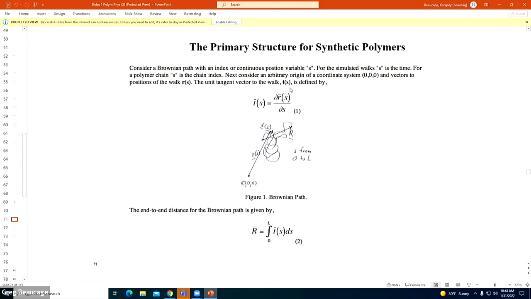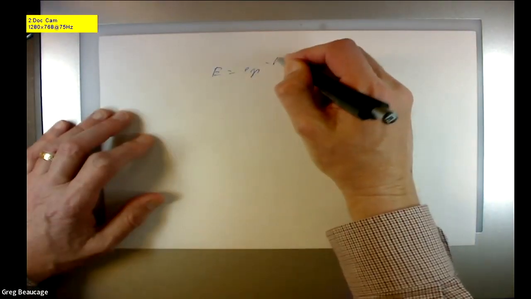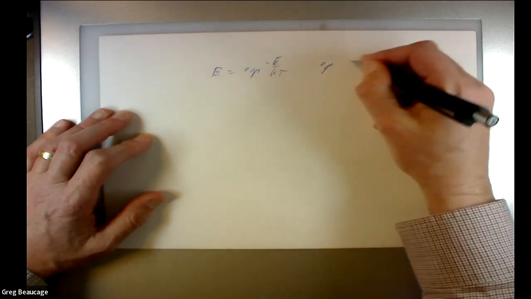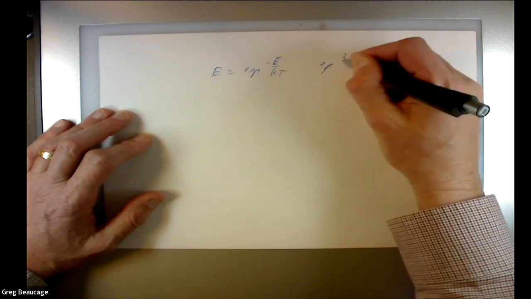Anyway, there's a couple other things to talk about. There's a lot to talk about with this short range thing, which seems to be insignificant. The significance is, we had exponential Boltzmann-like E over KT, and an exponential of 3 R squared over N L squared.